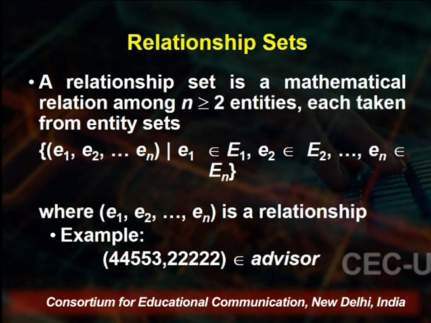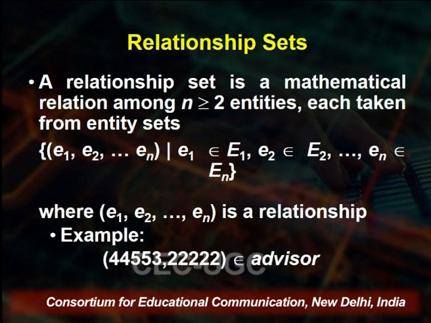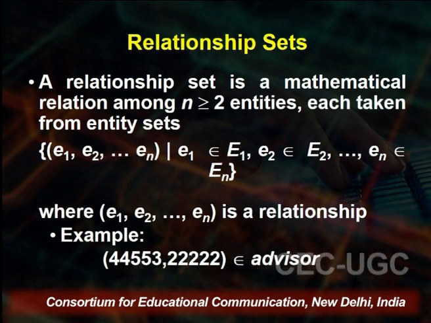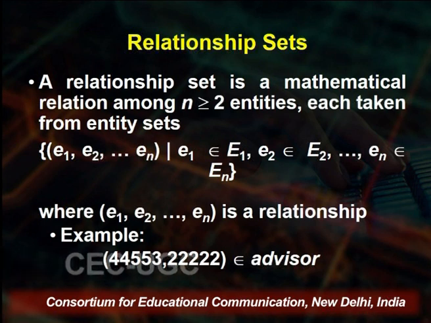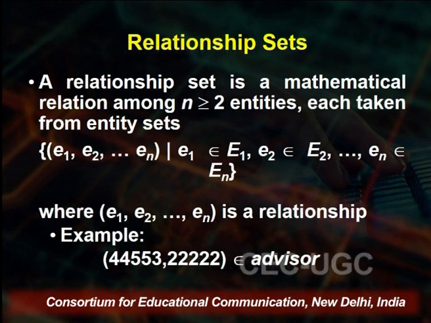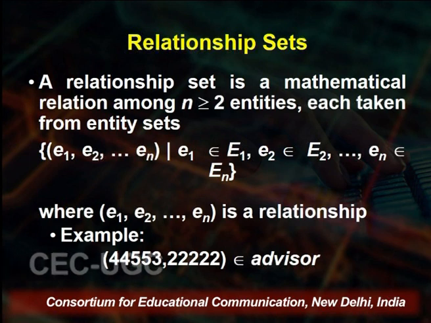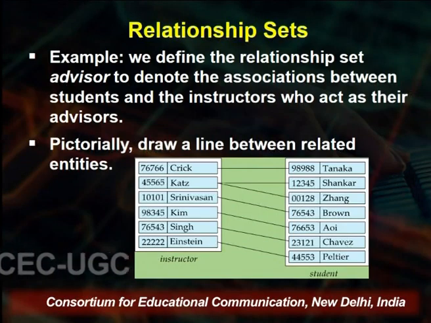So, for example, we have one entity set, capital E1, and there are various entities in that E1, e1, e2 till en, and similarly, E2 is another entity set, and so on and so forth, and we are going to take a relationship from these entity sets. Let us try to see what I am talking about with the help of an example.